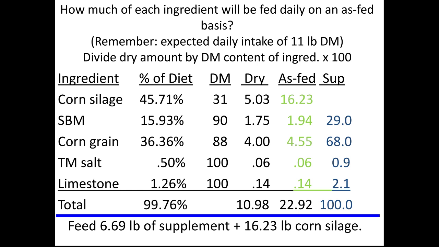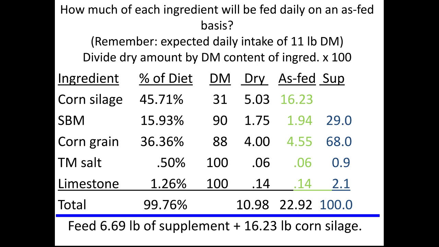The soybean meal is 15.93% of the diet, so 1.75 pounds of that will be soybean meal. And the corn grain represents 36.36% of the diet, so it will represent 4 pounds of the diet. You can see in that column labeled dry the amount of each ingredient in pounds, which adds up to almost exactly 11 pounds.